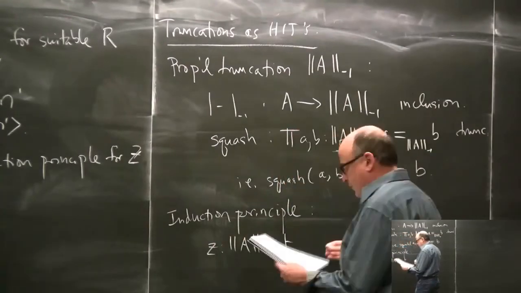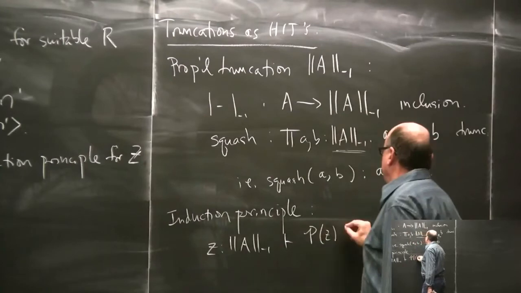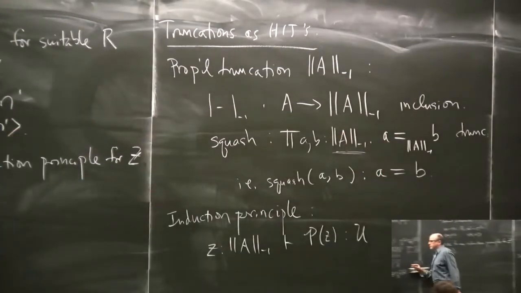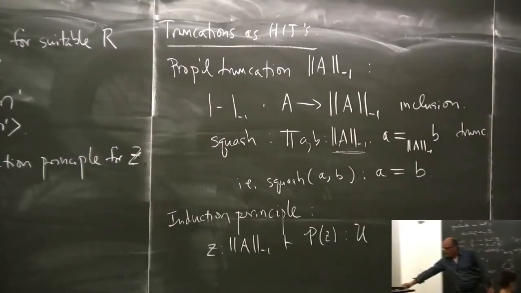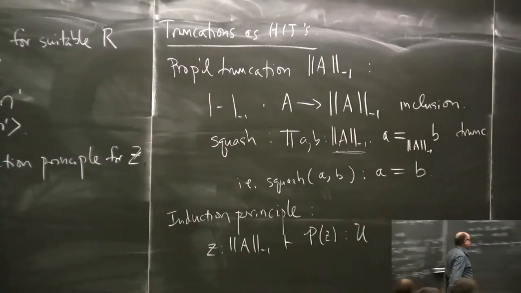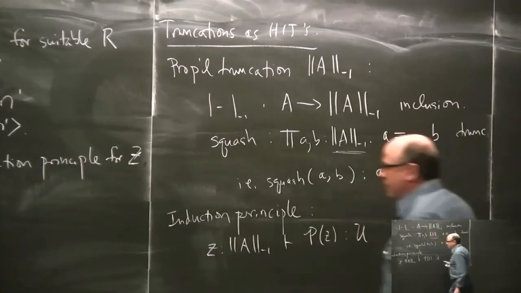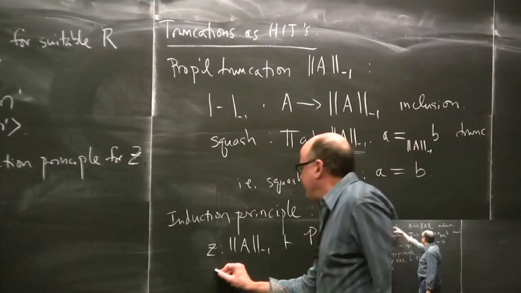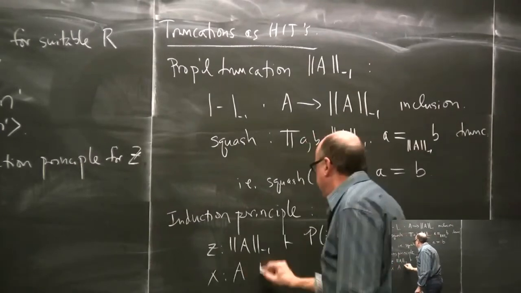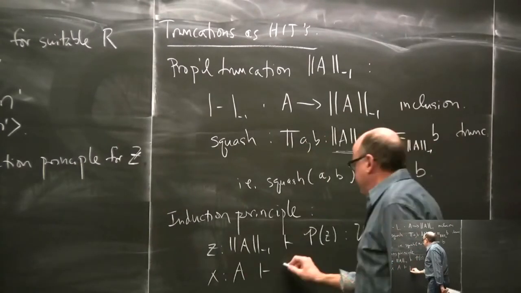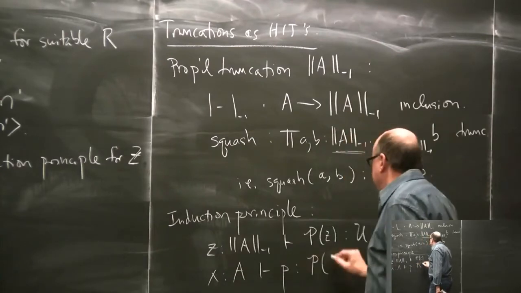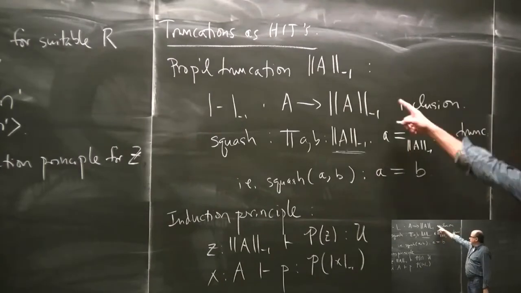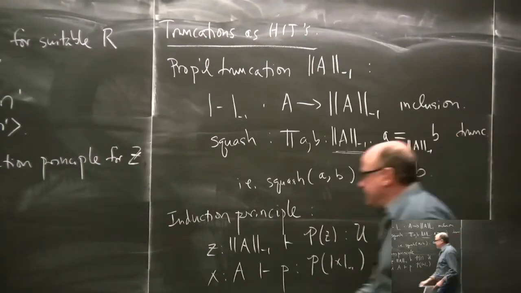So it says, if we have a family of types, so a predicate on the propositional truncation of a type, then for any x in A, if I'm using type theory notation, you have a proof that P holds of its insertion. So that would be written like that, right? So that sort of corresponds to that. And then what else do you have to do?